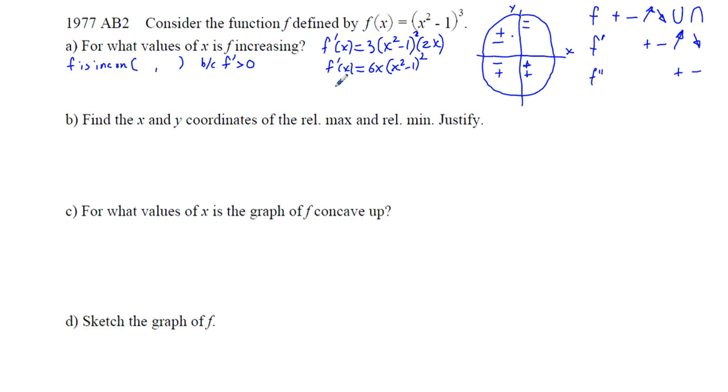Then we can set f prime of x equal to 0. If we divide by 6, we're just going to rewrite f prime of x as x times quantity x squared minus 1, squared.